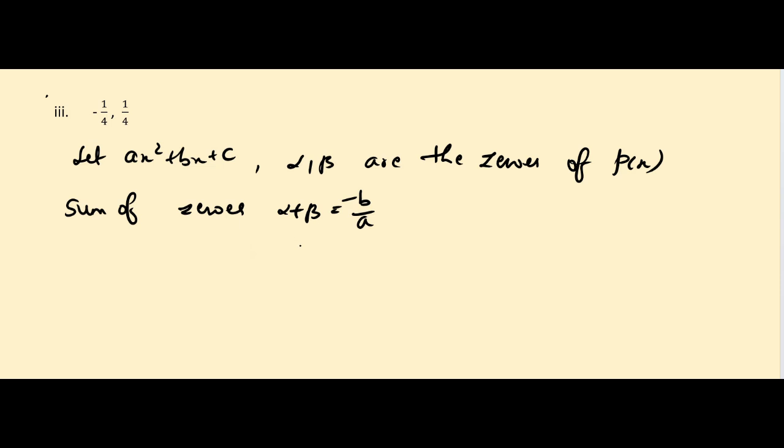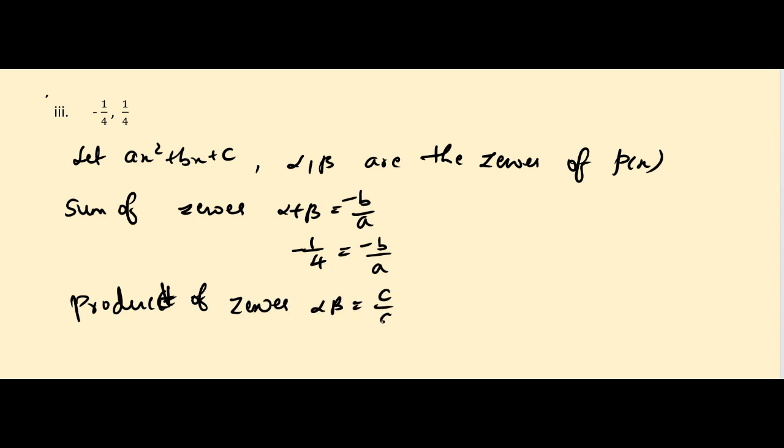Alpha plus beta they have given, that is minus 1 by 4, which is equal to minus b by a. Then the product of zeros, alpha into beta is equal to c by a. Alpha into beta means 1 by 4. They have given this product of zeros is equal to c by a.